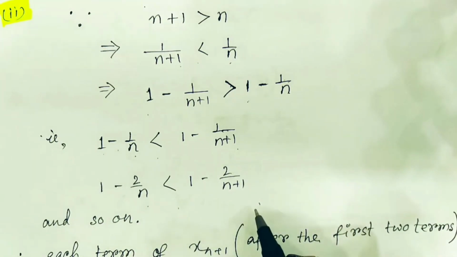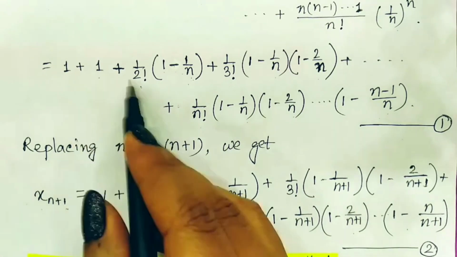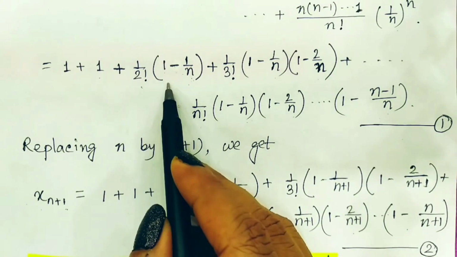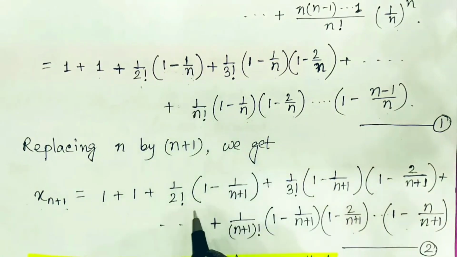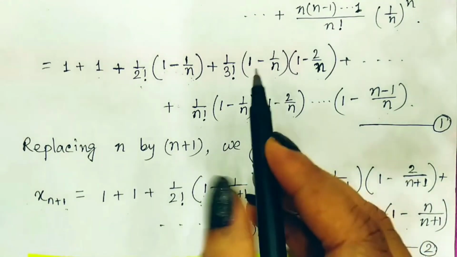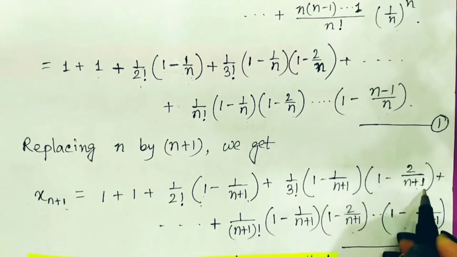Now if we compare equations 1 and 2, we find that each term after the first two terms is greater in the second than in the first. Always 1 minus 1 by n is less than 1 minus 1 by n plus 1, and 1 minus 2 by n is less than 1 minus 2 divided by n plus 1.